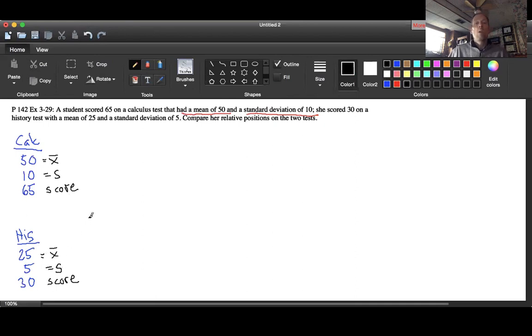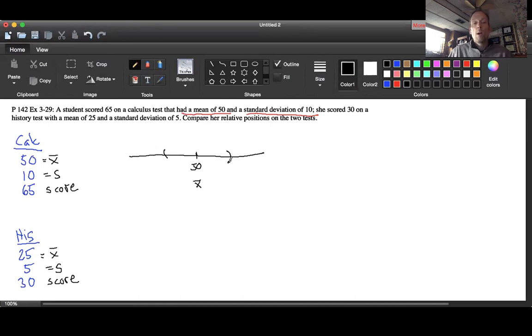Okay, now what I'm going to do is take the information from the calculus test and put this on a number line here. In the middle, I'm going to label my average. So here's my 50. That was my X bar. And I'm going to make 2 little marks here.